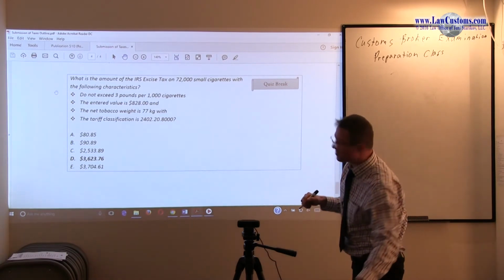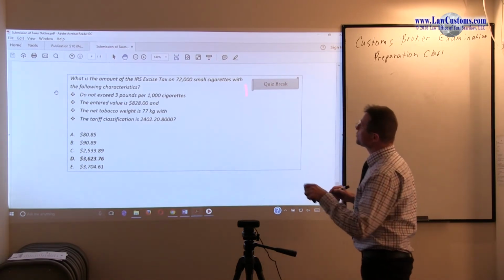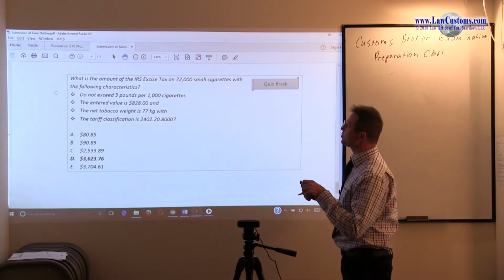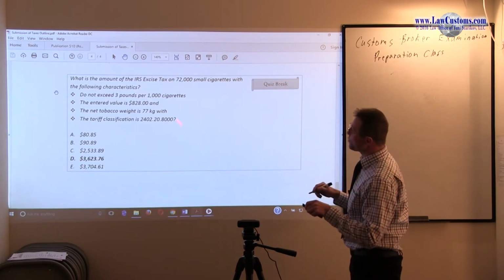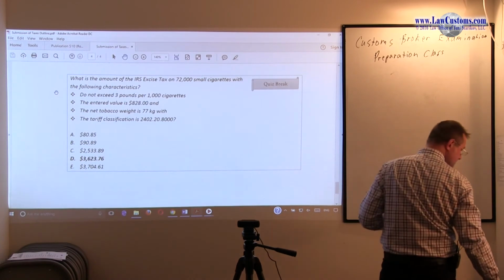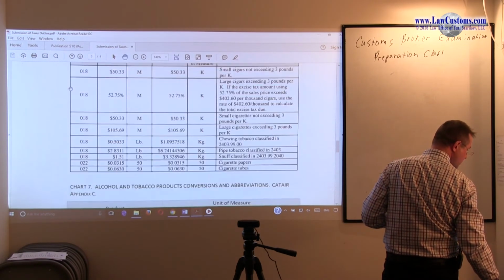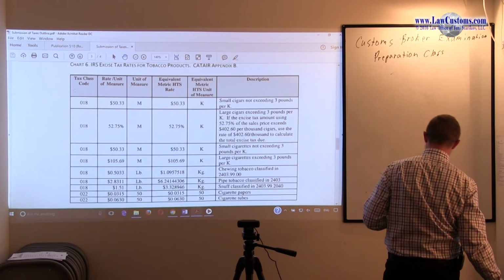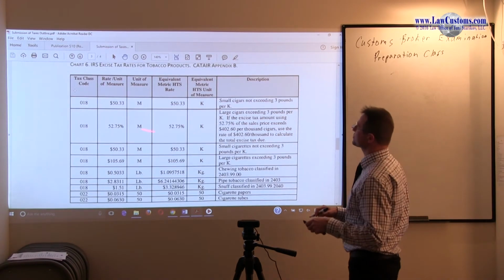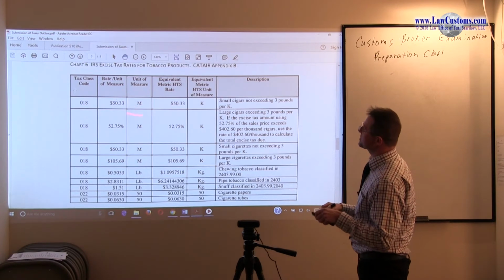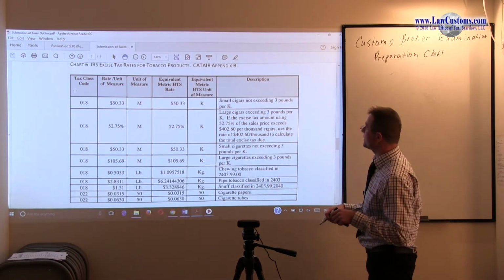So what are the relevant facts? Well, first of all, you have to look at the product, right? This is helpful, but notice those tables are not necessarily giving you all the information you need. Since the question deals with tobacco products, we are dealing with the CATER Appendix B table dealing with tobacco, right?